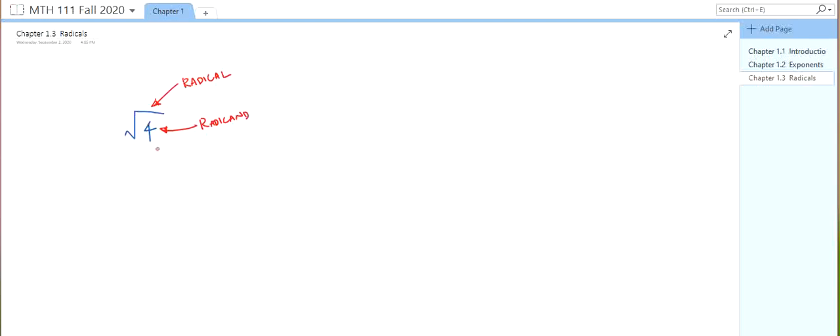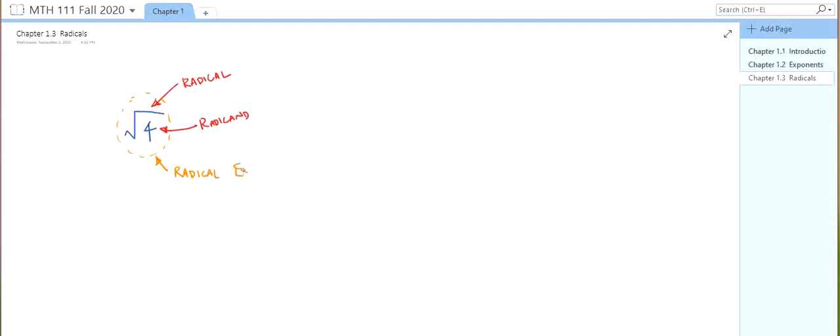Anytime you have a value inside of a function, and this isn't necessarily going to be a function because it depends how we define the answer, but often we'll call that an expression. The whole thing is an expression, so we may as well put the term radical in front of that.